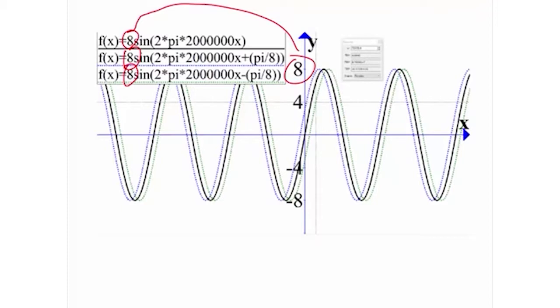So the first 8 corresponds to the peak value here. This sine term tells you it's a sinusoidal shape, so it goes up and down like a sinusoid does.